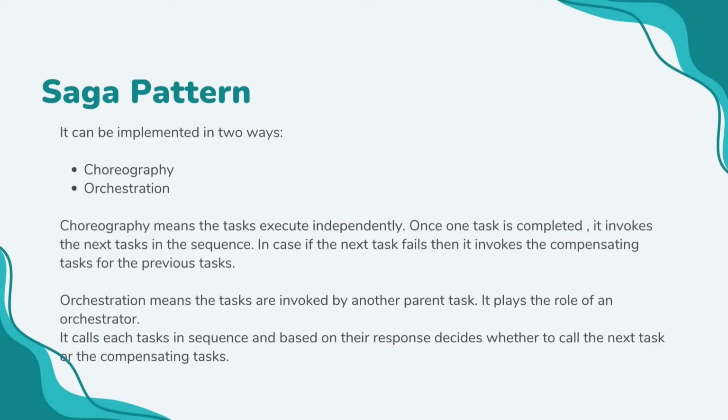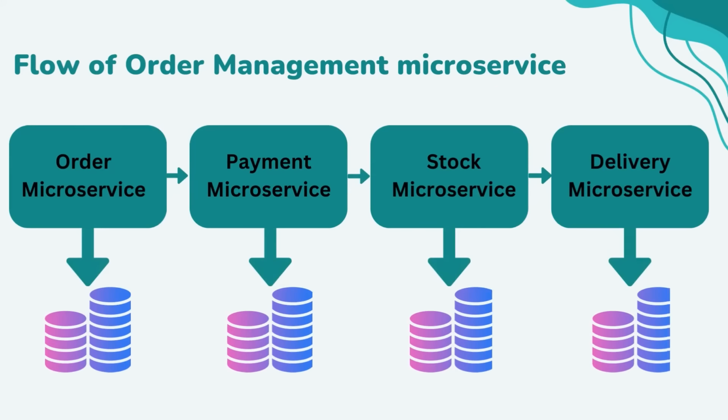As you can see here, with 4 microservices we need to write compensating tasks for each except the last one. Let me explain why.